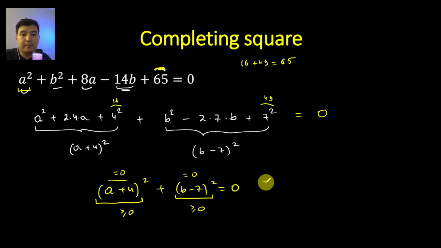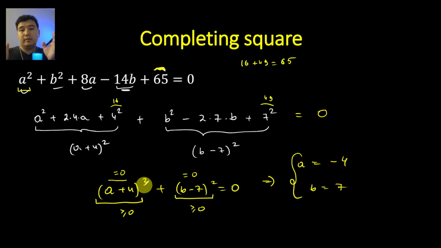That's why we can only have a equal to -4 and b equal to 7. If a or b are different from -4 or 7, this square or that square is going to be greater than 0, and then on the left of the equation we won't have 0.